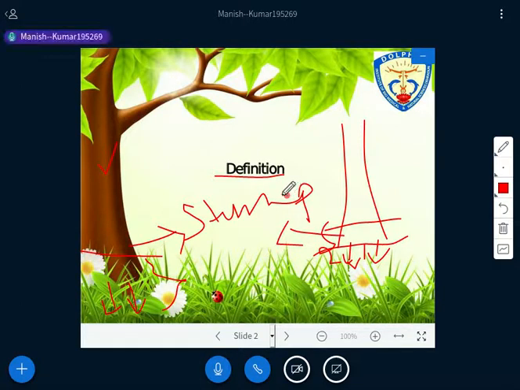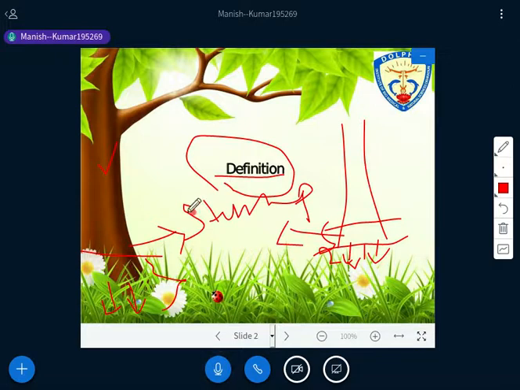Fine. So now try to understand the definition of stump analysis. What do you have to do in a stump analysis? While doing it, there are certain restrictions we need to understand. Stump analysis is one kind of exercise where you analyze the stump cross section.